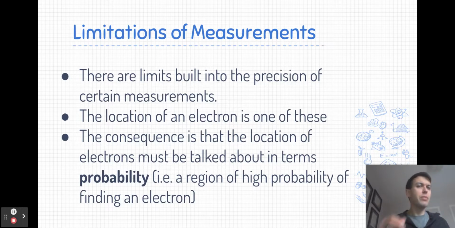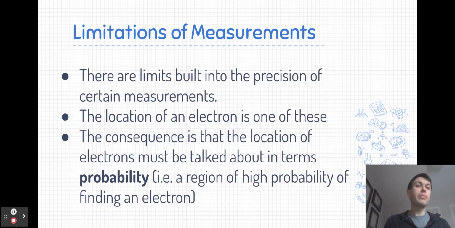So think back to the Bohr model where we drew those circular orbits and said, okay, we had an electron at this distance from the nucleus. It's no longer appropriate to talk about a fixed distance or a particular distance from the nucleus. It's more appropriate to talk about the electron locations in terms of probability.